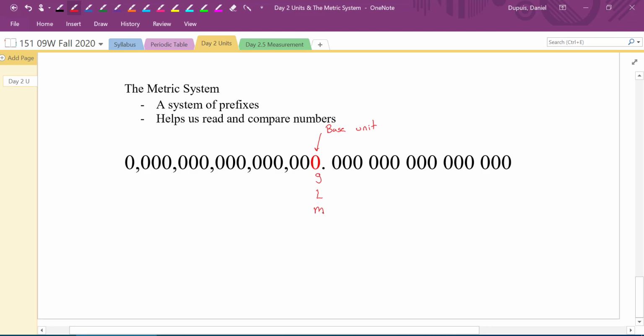And so if we go bigger, the first one we really talk about when we go bigger is kilo. It's a lowercase k, and it's 10 to the third. 10 to the third is kilo.